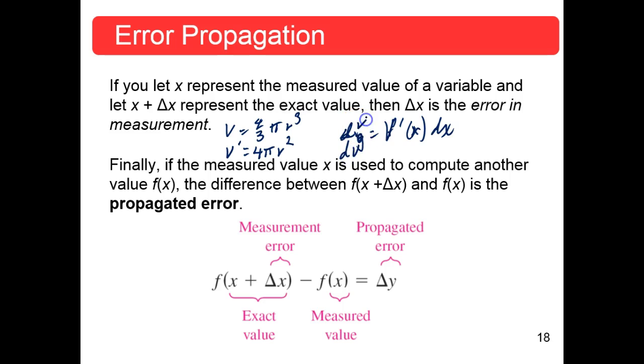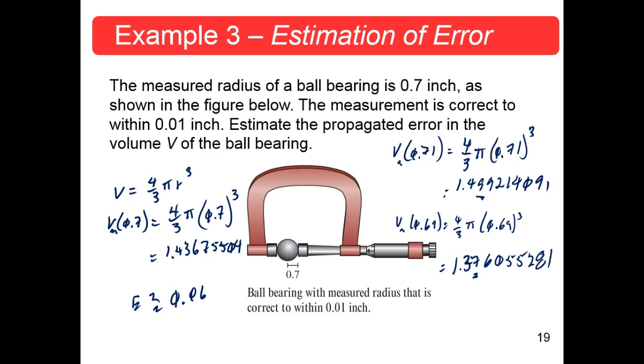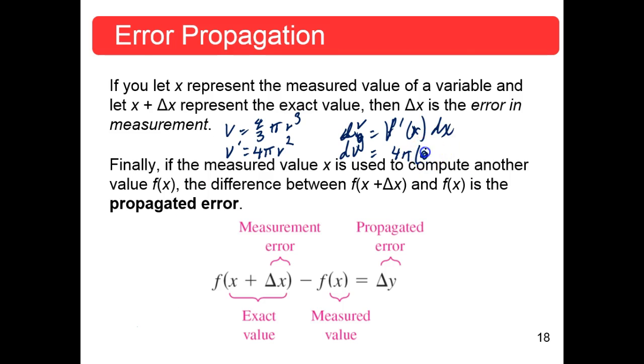Let's not call it y. dV is equal to 4 pi, and your r was 0.7, times your dx, which is 0.01.